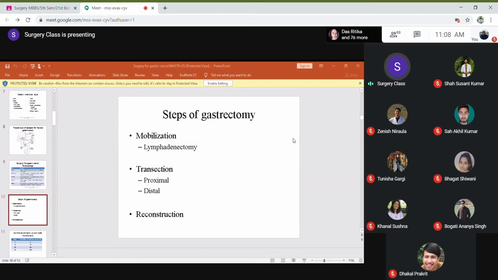So there are various stations described. And 17, 18, we just don't remember those. Just remember for stomach cancer, it is the 16 stations.